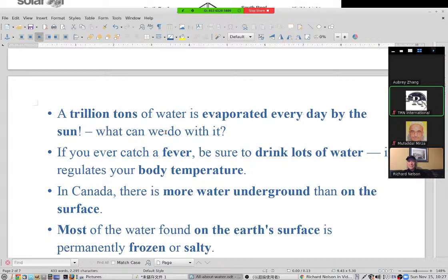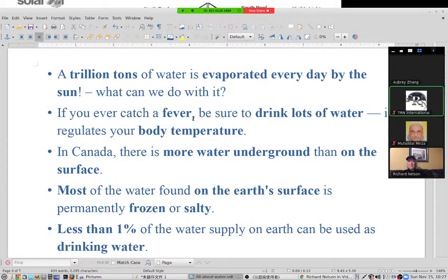And also this fact: 1 trillion tons of water is evaporated every day by the sun. This is the evaporation, and also, on the micro scale, the transpiration within the plant. But this is something we have to know. Trillions of tons of water.